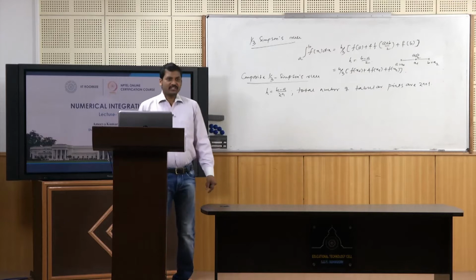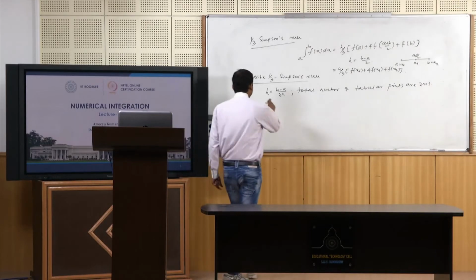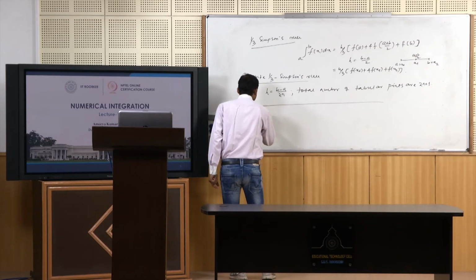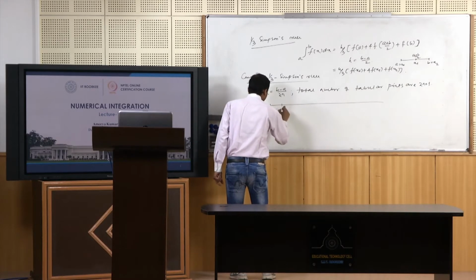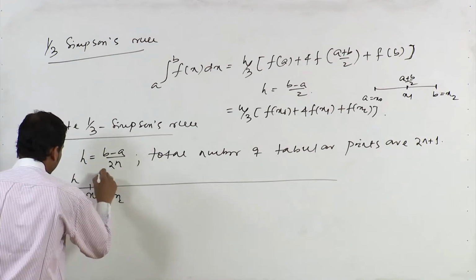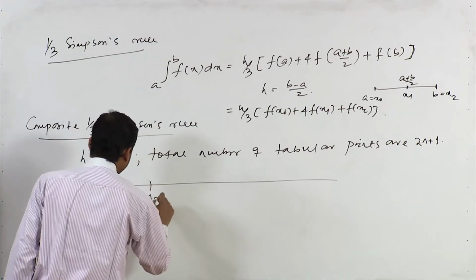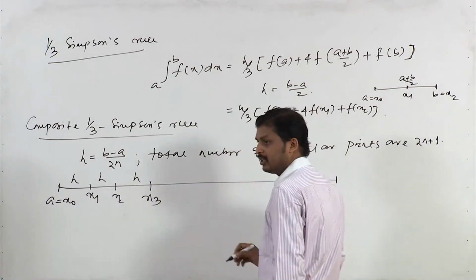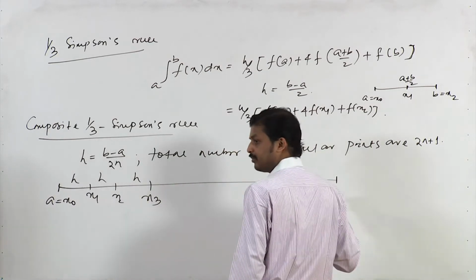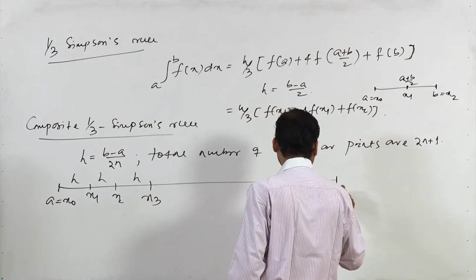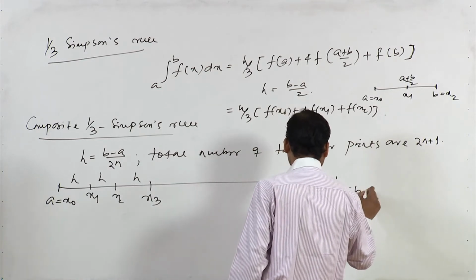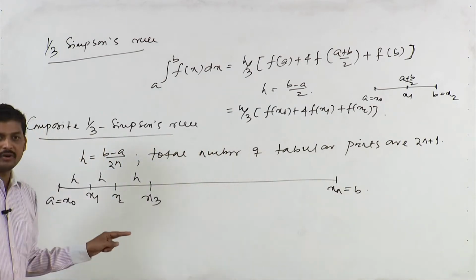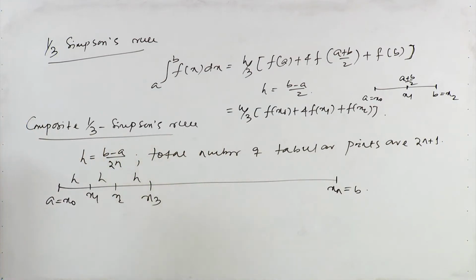The nodal points can be chosen as a equals x0, then x1, then x2. Since all are equispaced, we can then write x3. Likewise the last point is x0 plus 2nh, that is x of 2n, which equals b. That's why we consider 2n plus 1 points here.